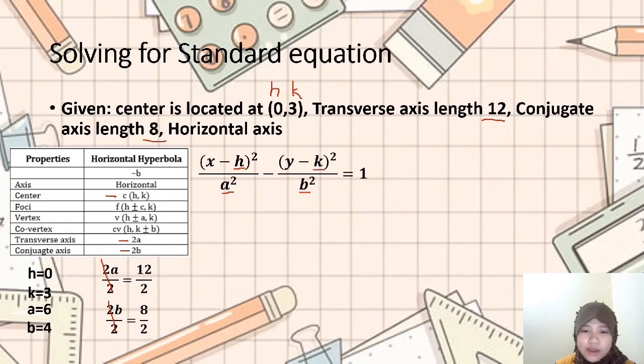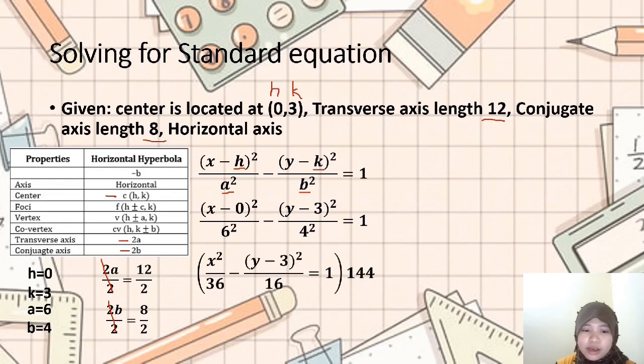Now that we have the values of h, k, a, and b, we're gonna substitute them into the general equation. X minus 0 quantity squared over 6 squared minus y minus 3 quantity squared over 4 squared is equal to 1. Then we will perform necessary operations.